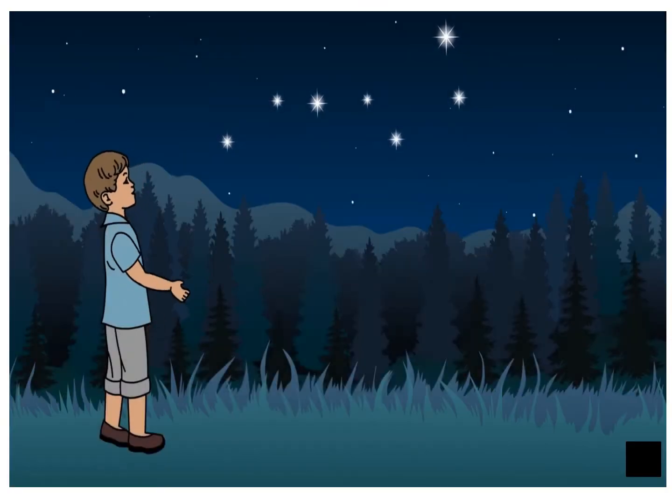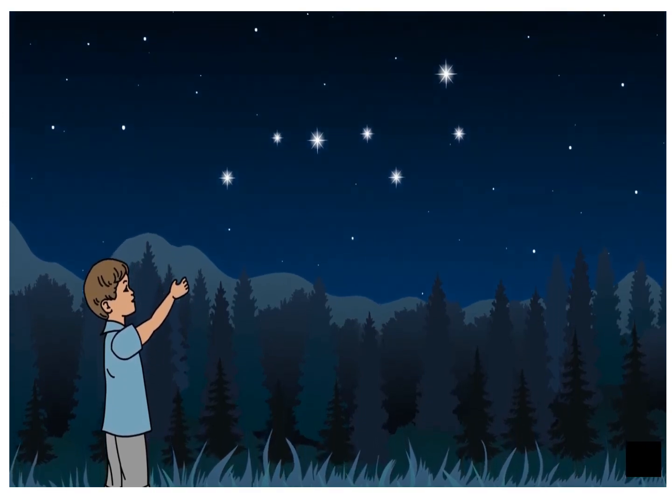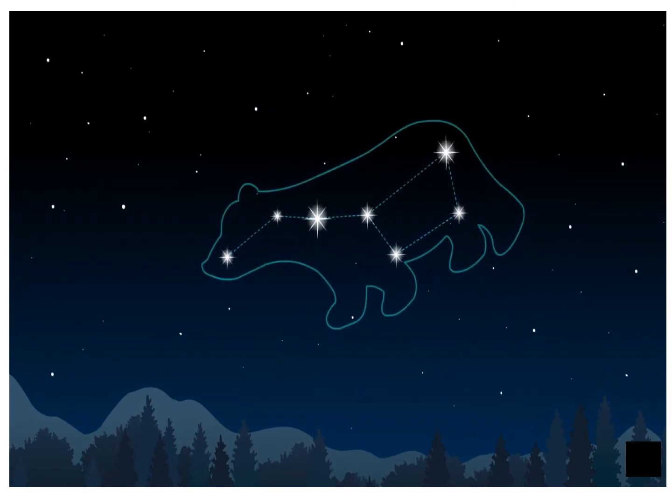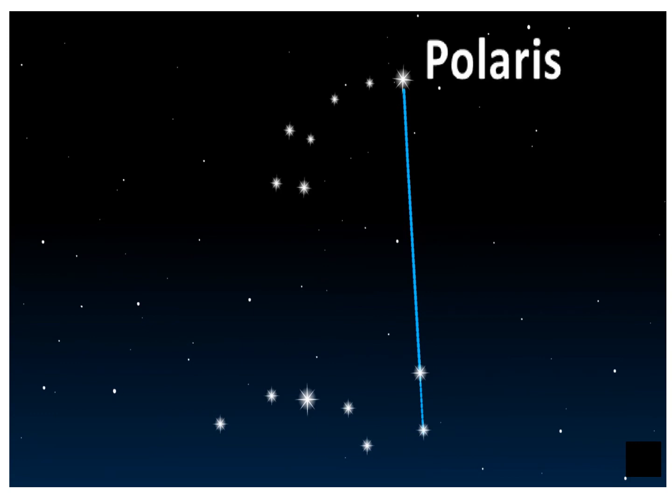Let's locate the North Star in some constellations. The Big Dipper is a part of the constellation of the Great Bear. Usually you can easily find it in the sky. If you connect the two extreme stars of the Big Dipper and then continue this line up to a bright star, you will find the Polaris.